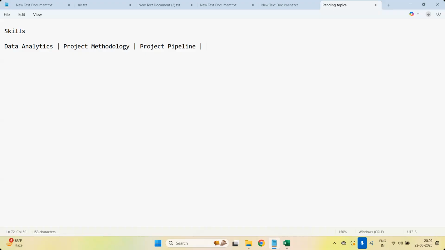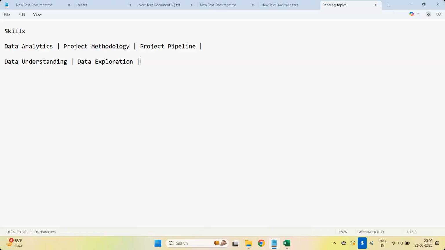Next, data understanding is a skill. Next, data exploration is a skill. We are going to write like this. How many skills do we have? All the skills we mention one by one.